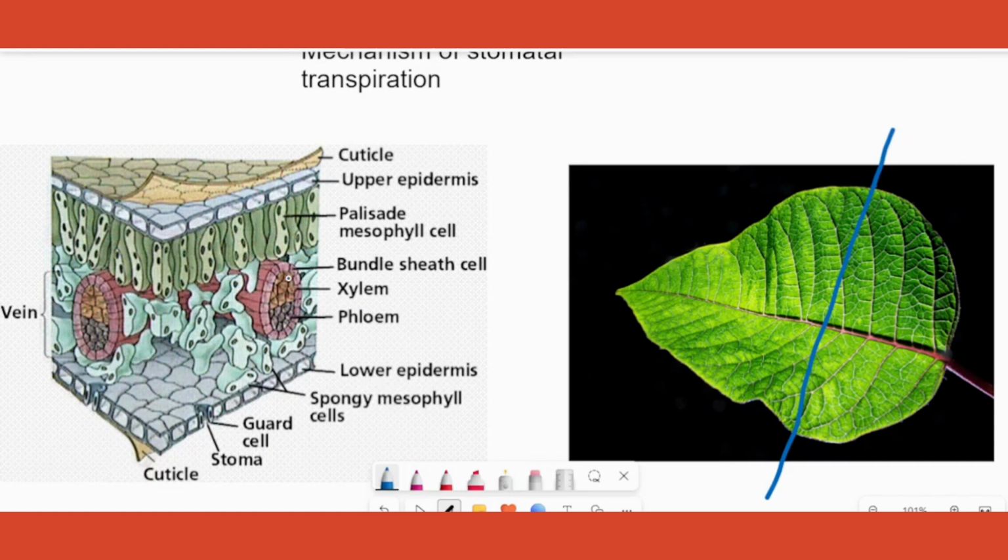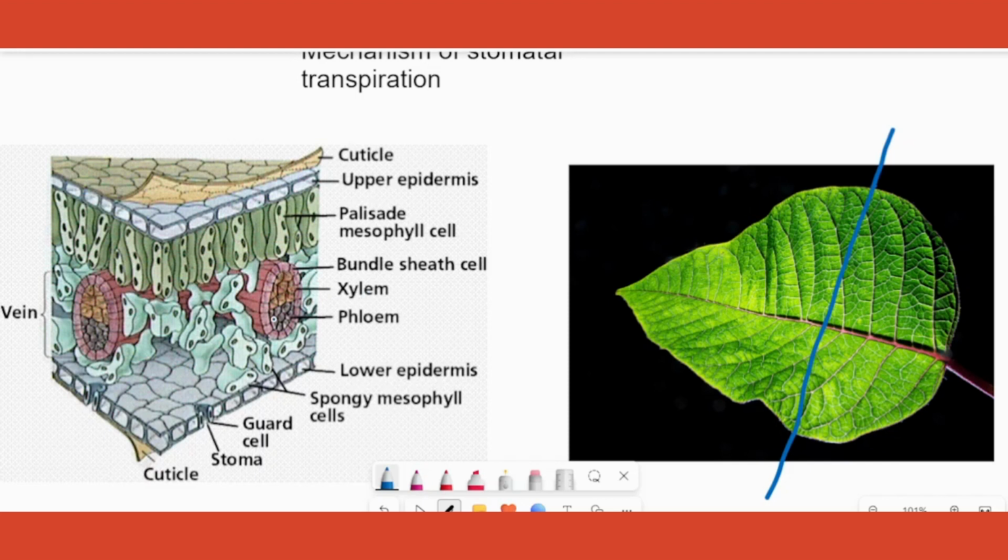All right. Now, next to these cells of the xylem, the bundle sheath cells, the cover, what do you see? Do you see these cells? These cells are called palisade cells. And the other ones are called spongy cells. Spongy mesophyll and palisade mesophyll. These are the two types of cells that are found near it. Definitely, water will try to move out from this cell to this cell, correct?